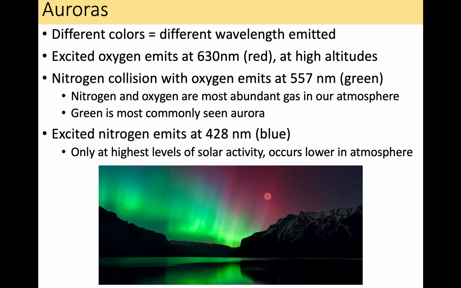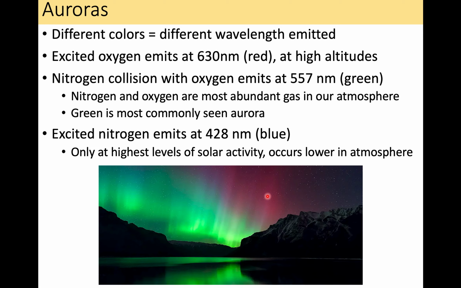Now, the most common color of the aurora is green. So most pictures and videos, the only aurora I've ever seen, both times have been green. And that is when nitrogen collides with oxygen. So nitrogen and oxygen, excited and colliding in our atmosphere, emits a photon at about 557 nanometers, which is in the green.